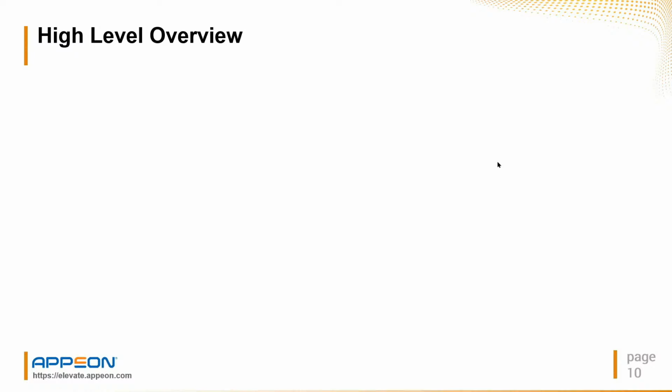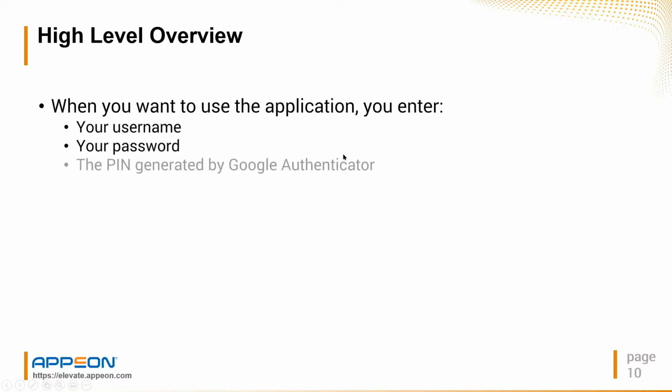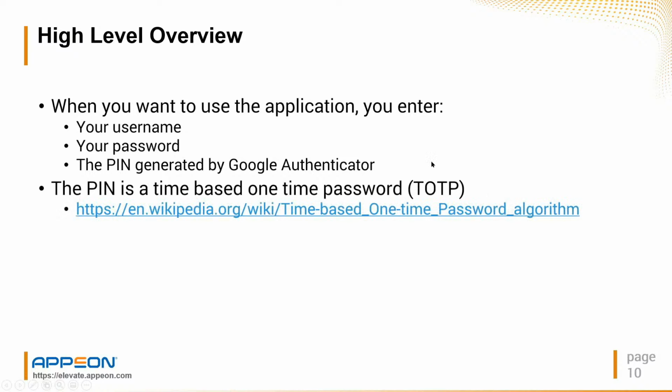But the fact it's so convoluted helps provide the security of the PIN value. This is what I was referring to earlier about what you're going to be doing in the application: you have the user provide the username and password, and the PIN, and the PIN generates the temporary one-time password.